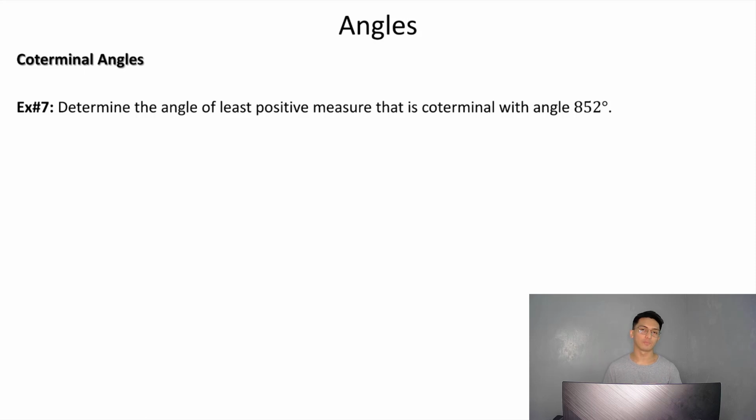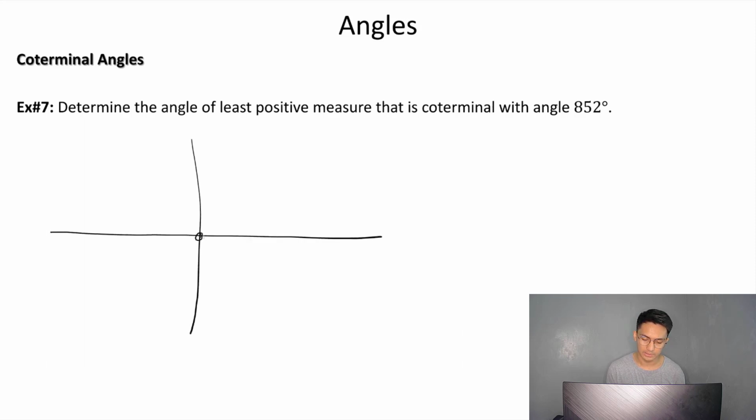Example number 7 for coterminal angles. We are asked to determine the angle of at least positive measure that is coterminal with angle 852 degrees. The angle of least positive measure daw. So ang gagawin natin, we have to draw the coordinate system. Ayan. This is the terminal side. This is the initial side. 852 daw. Ilang rotation ba ang magagawa natin dyan?